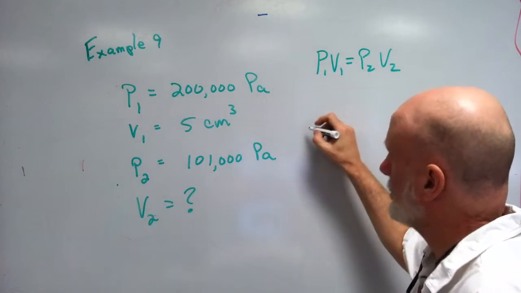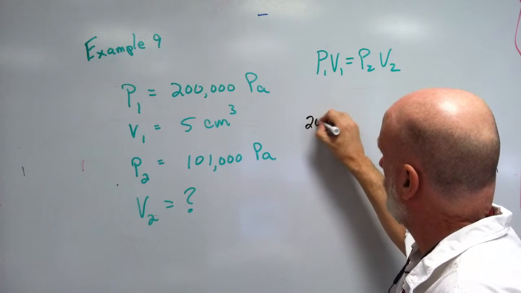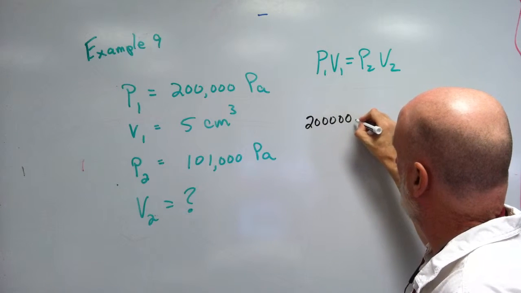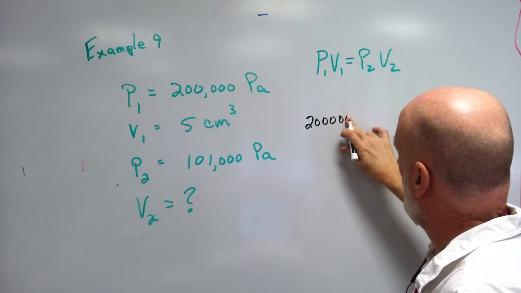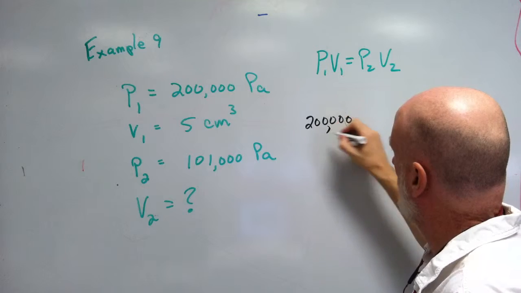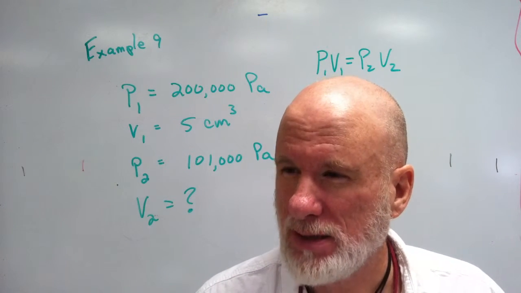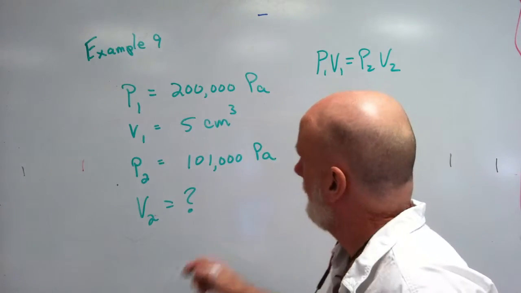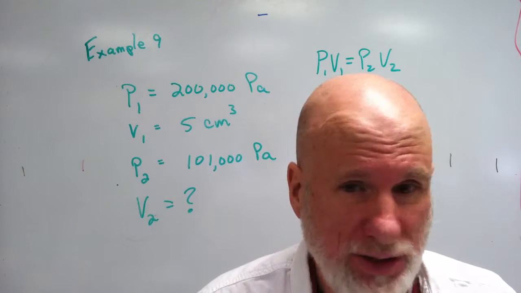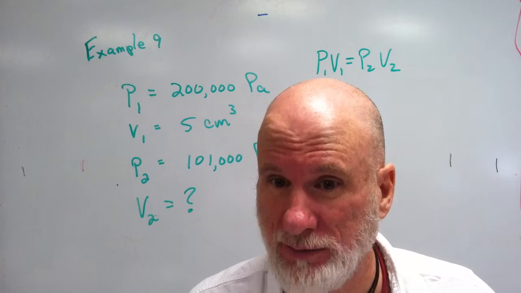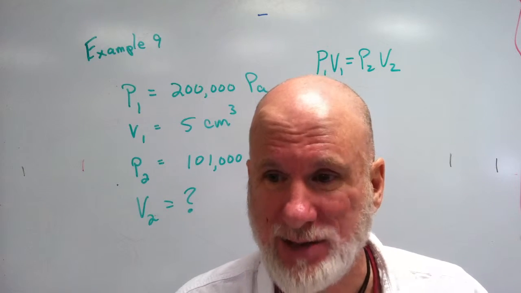All right, so we have 200,000. Is that right? Yeah, 200,000. I'll leave off the unit labels, it just looks cleaner, as long as you know what you have. We have pascals and cubic centimeters, so if you're going to calculate the volume, it's going to be in cubic centimeters, and that's all right today.